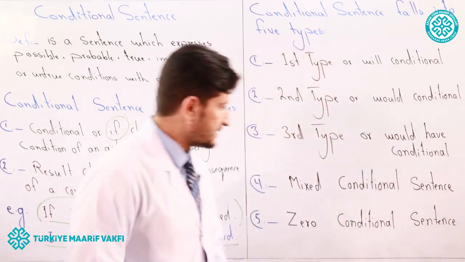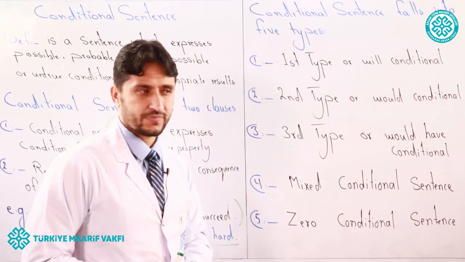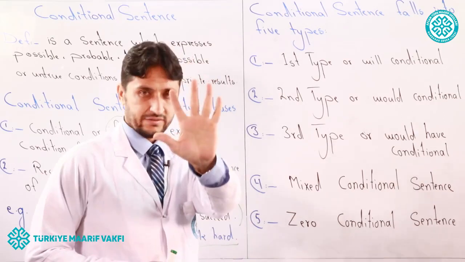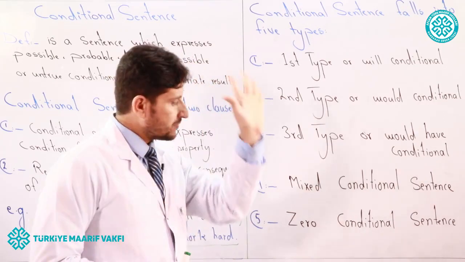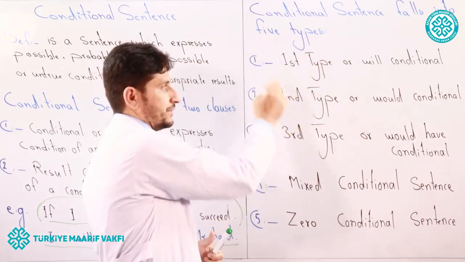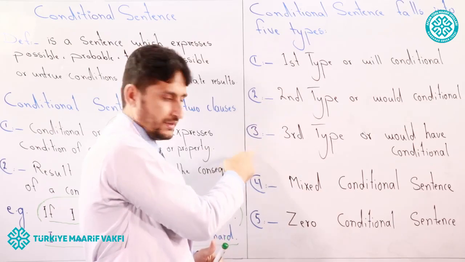Now let's focus on types of conditional sentence. Conditional sentence falls into 5 types. From these 5 types, these 3 are pretty common: first, second, third.